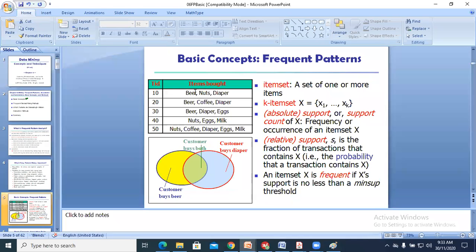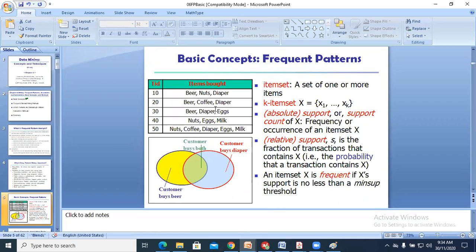It might be 1, 2, 3, 4, and up to the possible number of products available at the store. So we have to find the frequent patterns.